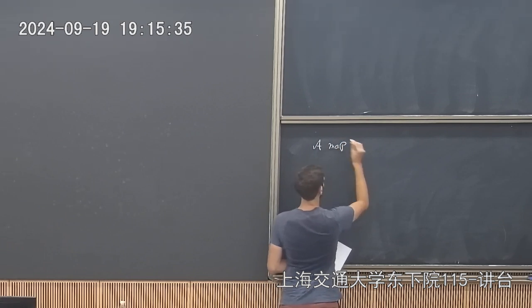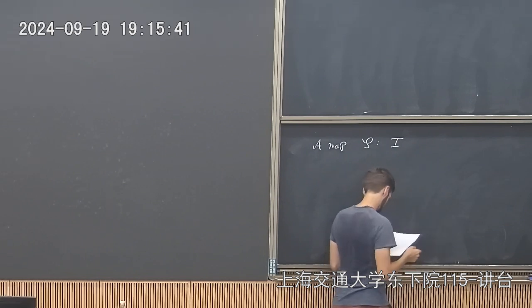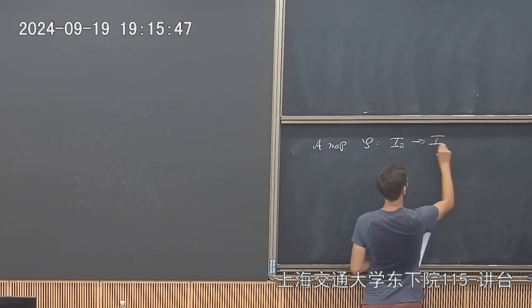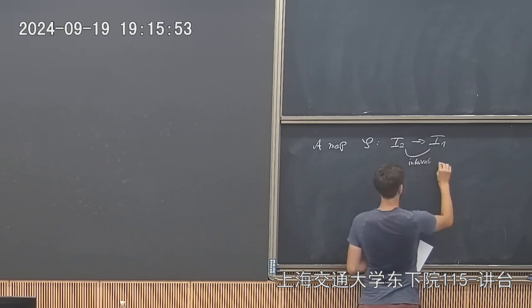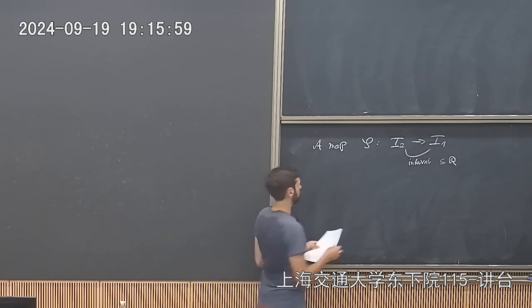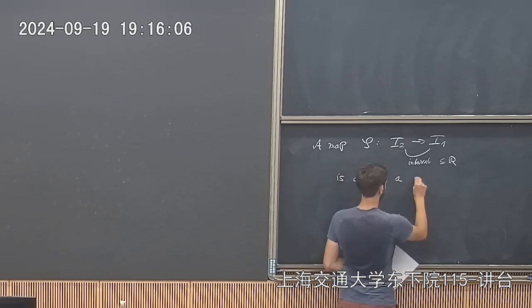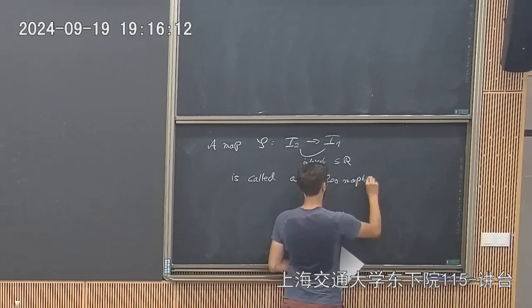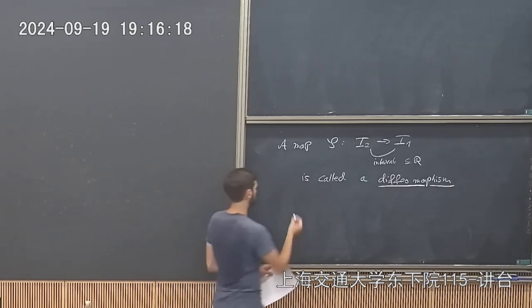We have a map, say phi, defined between two intervals of R. The map of that form is called a diffeomorphism if it has two properties.